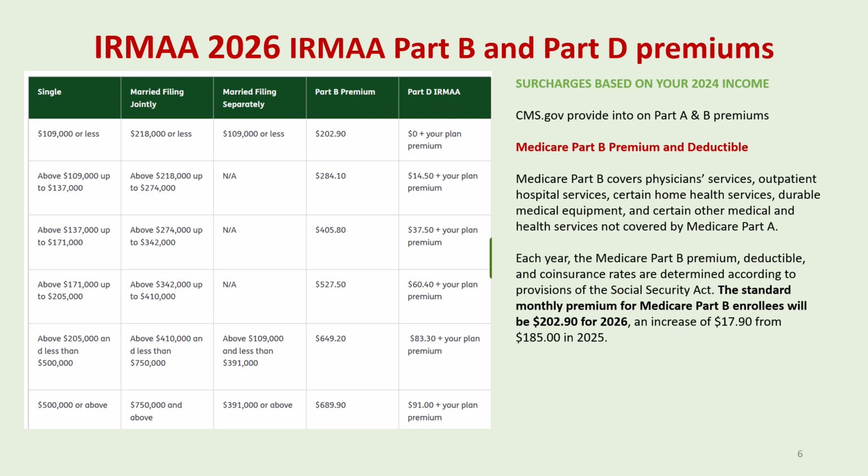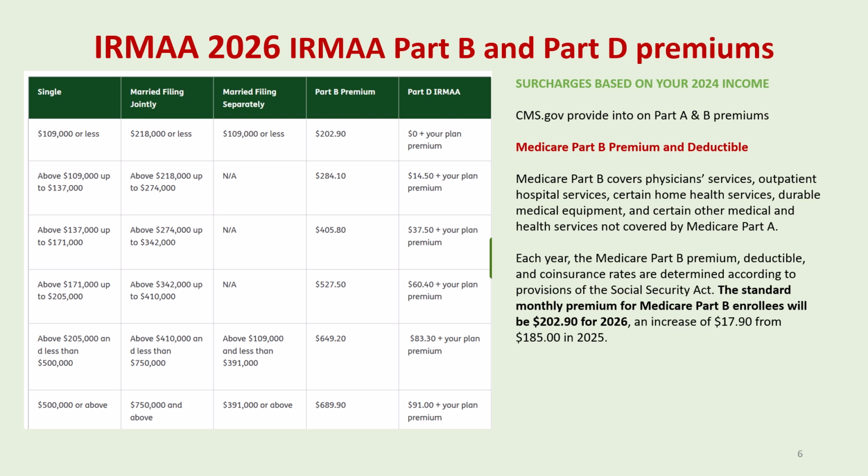Okay, let's look at IRMAA for 2026. You can see for a single, the cutoff of the income has increased. It's now 109, where in 2025 it was 106. And for filing jointly, it was 212. Now it's 218. But also the premium has gone up. In 2025, it was $185.